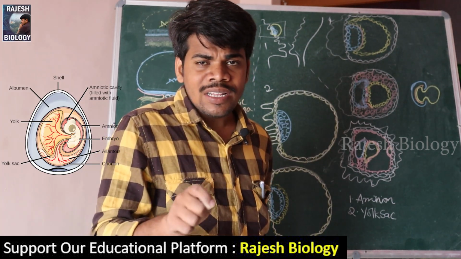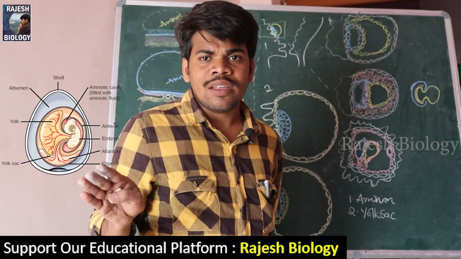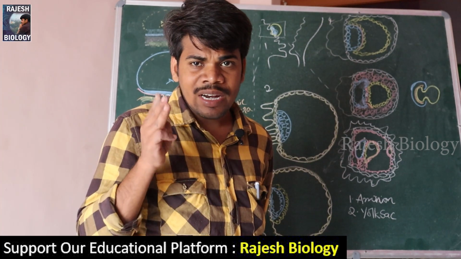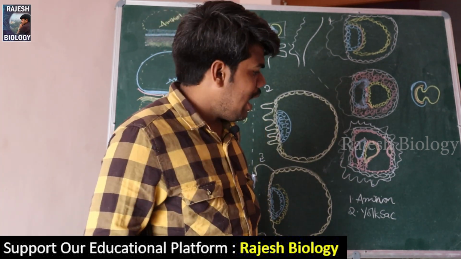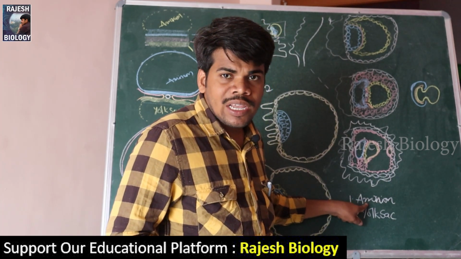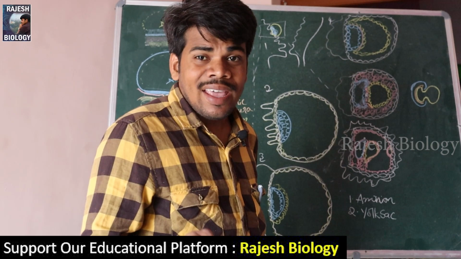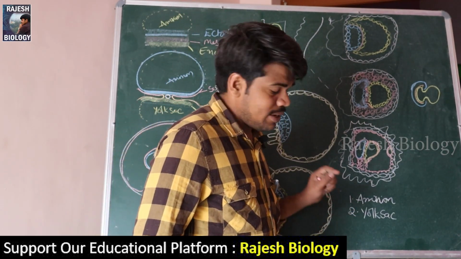Before the reptiles, there is no amniotic membrane, only the yolk sac; amniotic cavity is not there. Reptiles, birds and mammals have this type of amniotic cavity and are called amniotes. The second extra-embryonic membrane is the yolk sac.